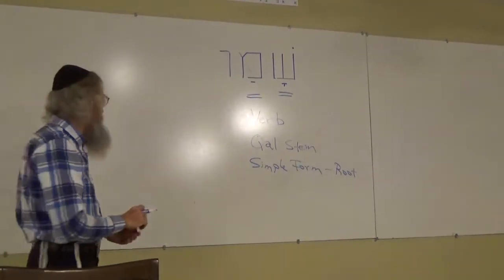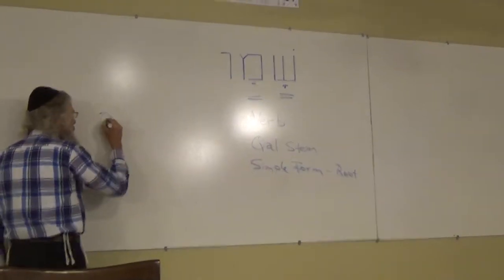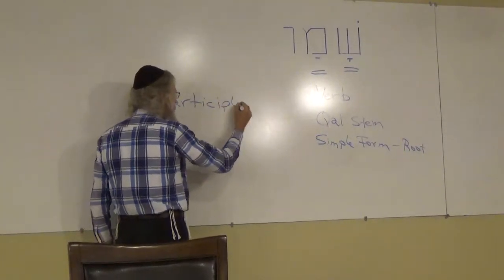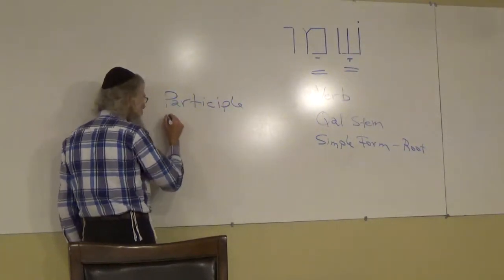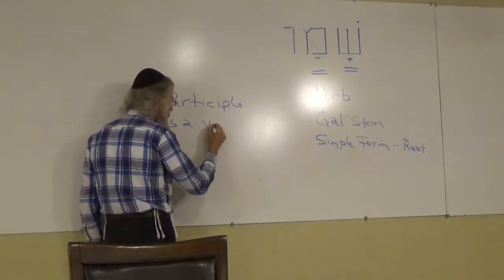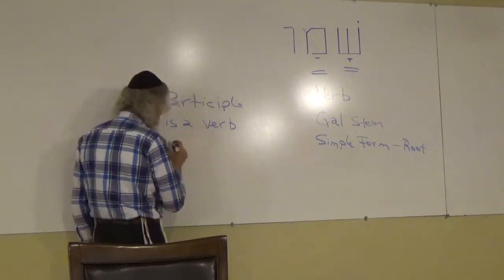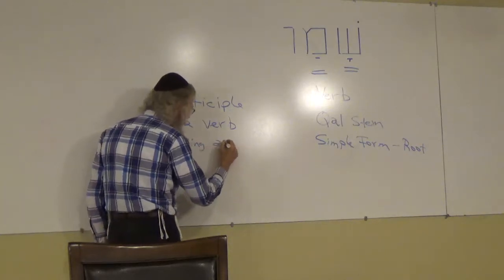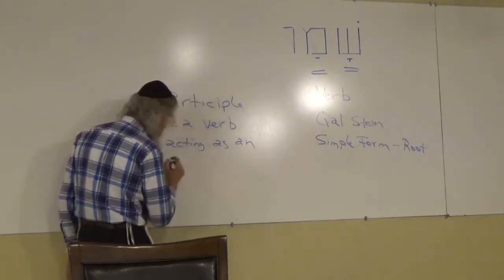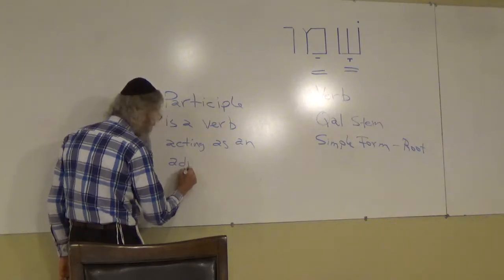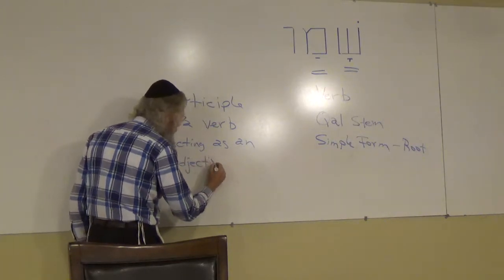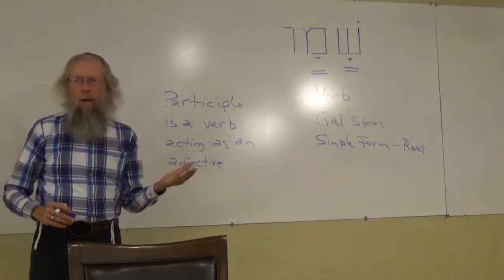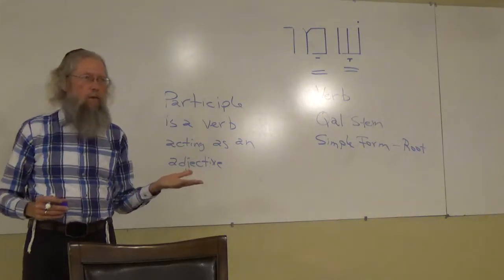What is a participle? A participle is a verb acting as an adjective. So you take a verb and you make it into an adjective.